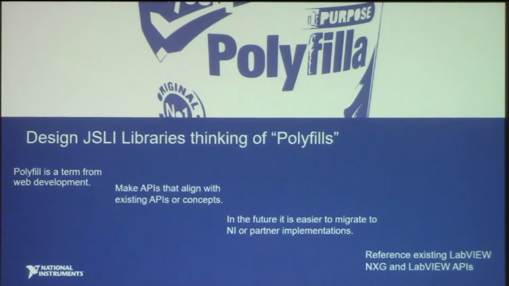Maybe that'll be coming to the web platform, maybe to WebVIs at some point in the future. If you already have something that's lined up with existing APIs, it'll be easier to adopt it and switch off that code you're maintaining yourself and switch to whatever's there natively. It's just a concept from the web area. I wanted to bring it up, but it also seems pretty clear: if you're writing a new API and there's an existing API, try to use the same API. It makes for more reusable code.